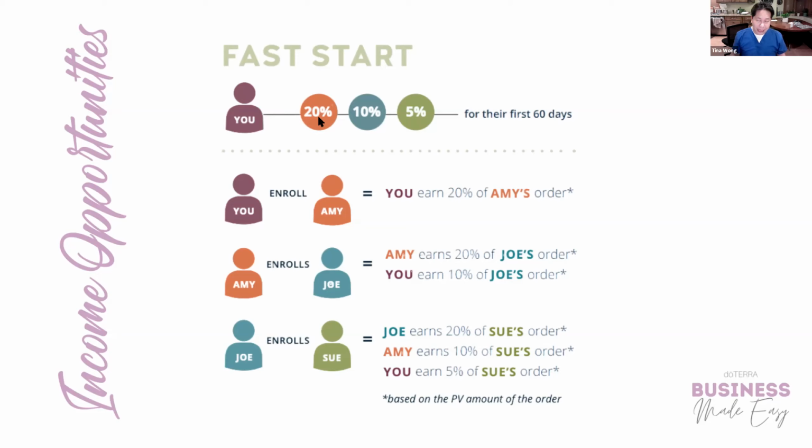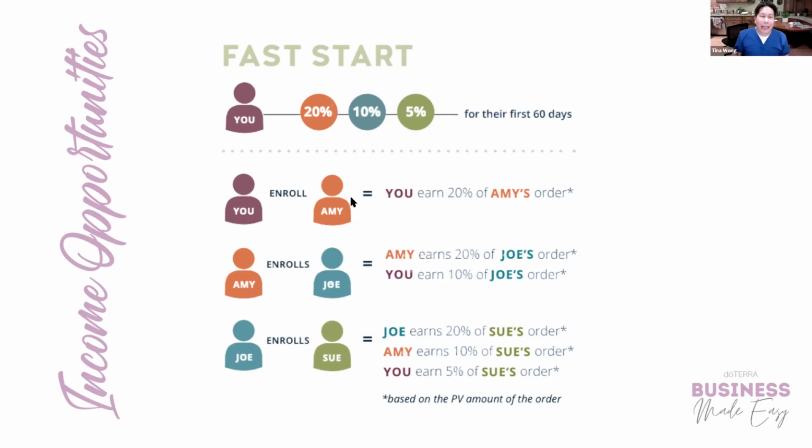I don't know if you understand that, but when I enroll Amy, I get 20% of Amy's orders. With Fast Start, I can earn 20%, 10%, or 5%, depending on who enrolled the new customer. So when I enroll Amy, I get 20% of Amy's order, and Amy is just a customer. She loves the oil.